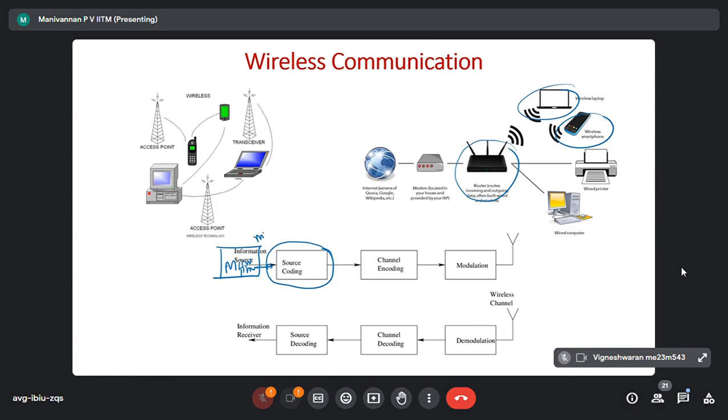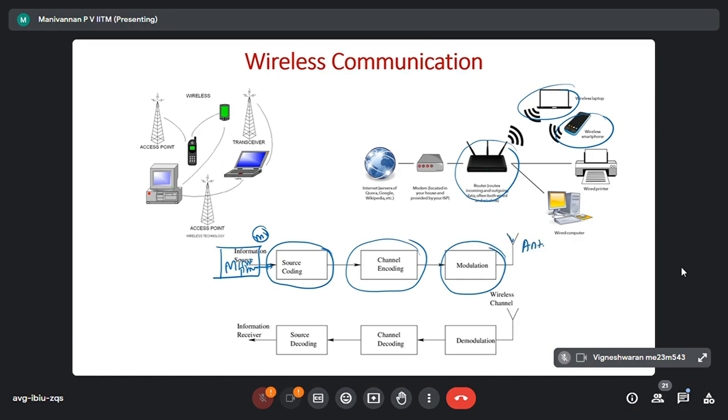Because here the signal is in the order of millivolts. My sound wave is converted to electrical signal under millivolts, 0 to 100 millivolts something. That will go to source coding, and then it will be converted into what you call channel encoding. Then finally it will be modulated, and then it is connected to antenna.